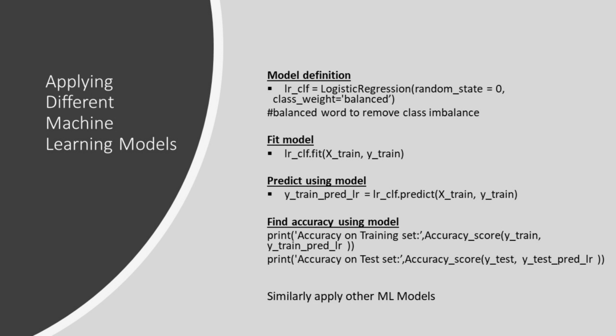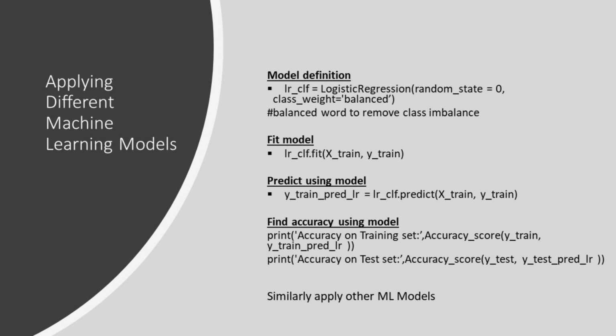Now this particular variable, we will fit the training data in this machine learning model using a fit function. So I have just fitted X train and Y train, where X train is the input variables of the training set and Y train is the output variable of the training data set. Now I will be predicting using the model. So how will I predict?